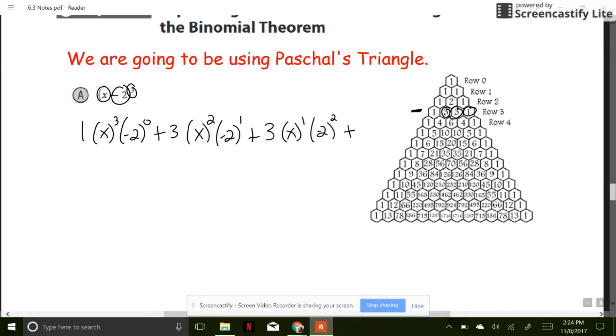And then the last coefficient is 1, our first term should now be to the power of 0, our last term should be cubed. So you'll notice with each pair, if you add the exponents, they should add up to 3 each time. That's a good check for you.